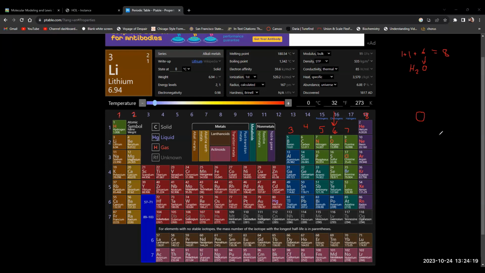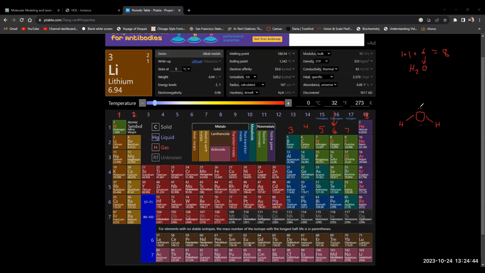And remember, hydrogen only wants two electrons and it never has more than one attachment to it. So here's our two hydrogens.